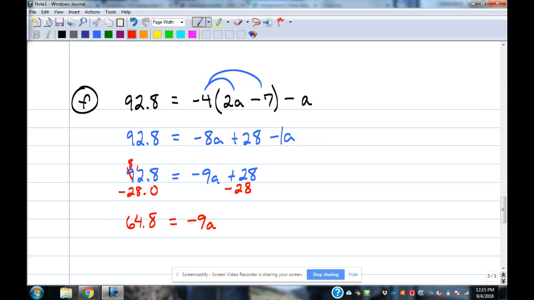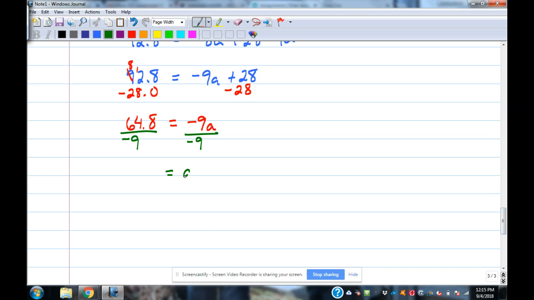And then last, divide by -9. So 9 goes into 64 7 times with 1 left over. And so that'd be 7.2. Negative because it's positive 64.8 divided by -9. There's our simplified final answer.